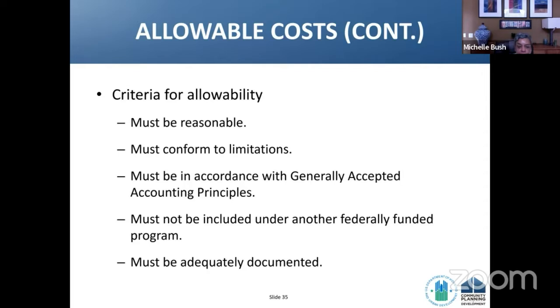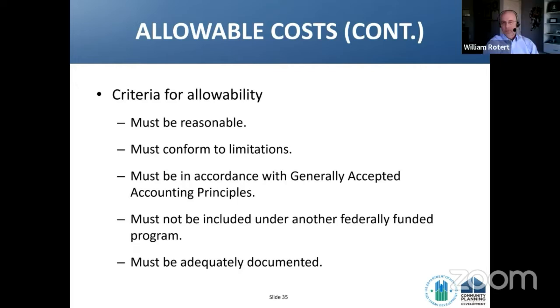Your accounting policies and procedures should be compliant with those generally accepted accounting principles. And so if you're not certain, I would refer to your own internal policies and procedures to make sure that any costs that you're incurring comply with generally accepted accounting principles, also known as GAAP. Very good. And we'll talk about that again in a future slide.